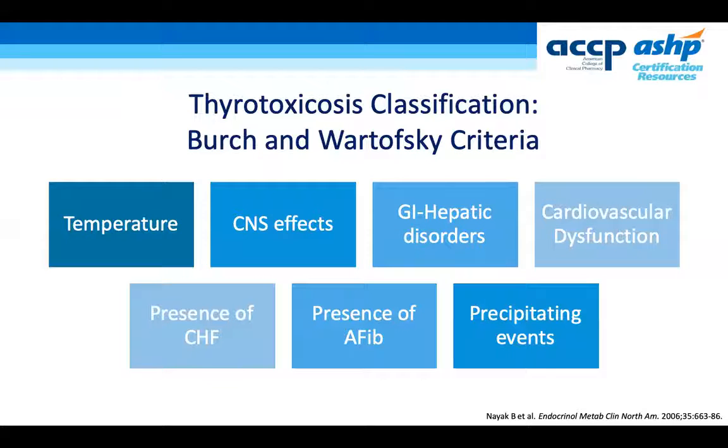Essentially, there's a breakdown of points for each of these. If you had a fever, you would get more points. If you had atrial fibrillation, you would get points. All of these you essentially add up, and if you have a score of greater than or equal to 45, it's indicative of thyroid storm.